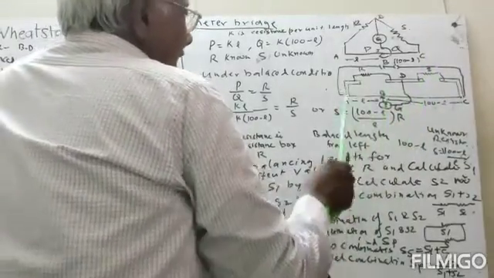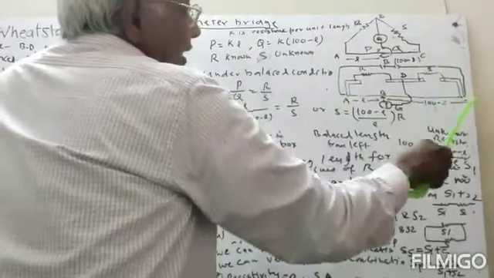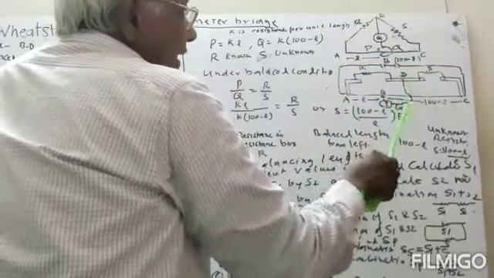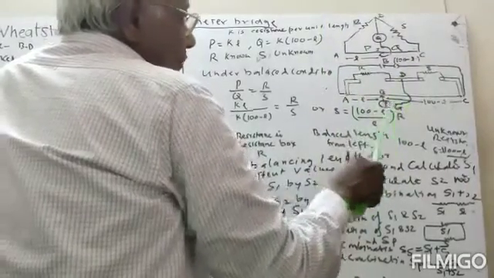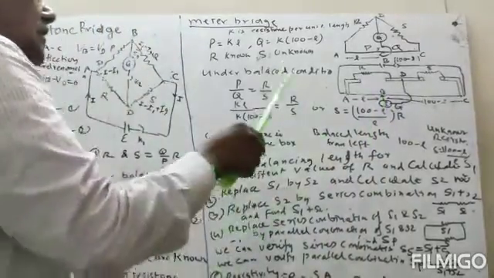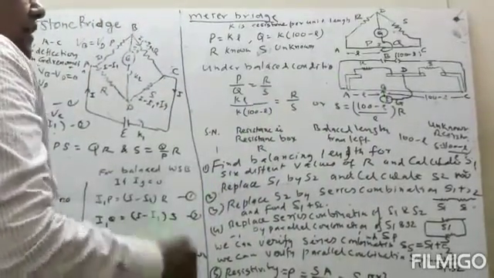A and C are connected by the cell, and B and D are connected by the galvanometer and jockey. So this is the construction.